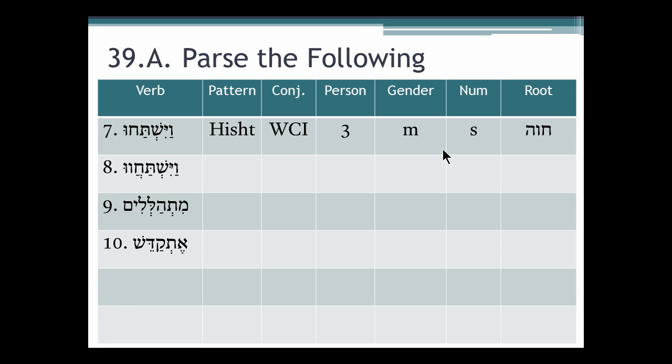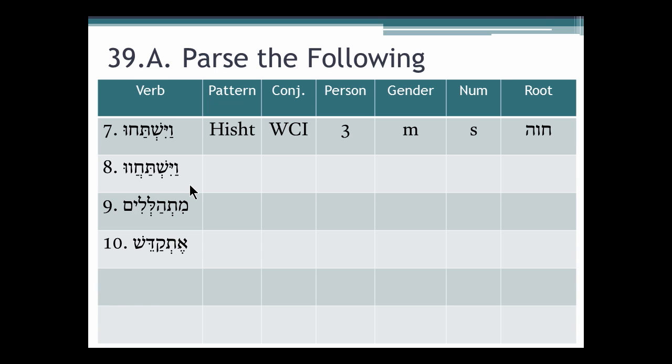Again, that one is tricky because with the lemma we're dealing with chet and then vav and then its final hey. So the final hey is going to drop off. But again, we don't have that other consonant representation, and we don't have the chet vocalized to give us that. We have chu. So it's third masculine singular.